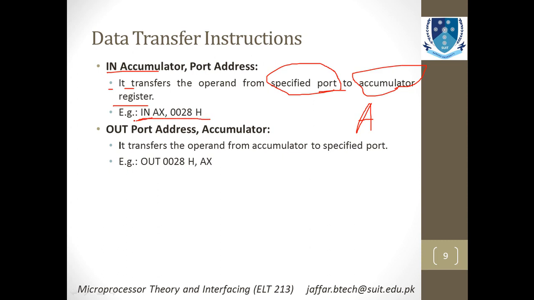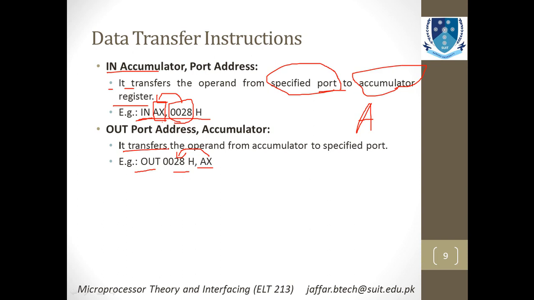You see that you have to IN this port data from the port into your accumulator register. So this will be accumulating this inside the A. Similarly, if you want to do the opposite, you can use OUT port address, and what it will do, it will actually move the accumulator result into any output memory location or any output data.